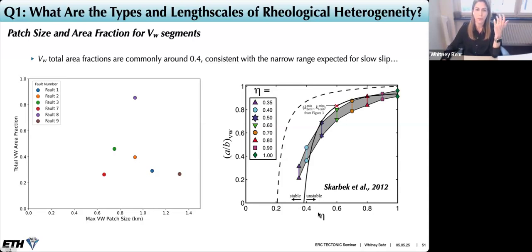He had this plot showing velocity weakening fraction, the percent of velocity weakening material on a structure, this eta term on the x-axis, against A divided by B for the velocity weakening material on the y-axis. And the gray zone shows the middle area where his models were able to produce slow slip.